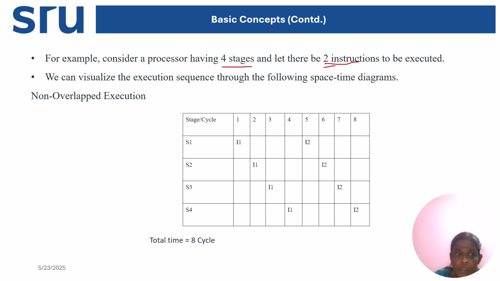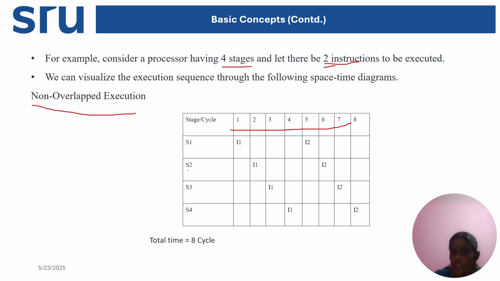Now, without overlapping, suppose we are not trying to save time. Non-overlapped execution, so normal execution. We are not taking any care to save the clock. So in this execution, stage 1, stage 2, stage 3, stage 4, because every instruction is divided into 4 stages, and then how many clock cycles are required?